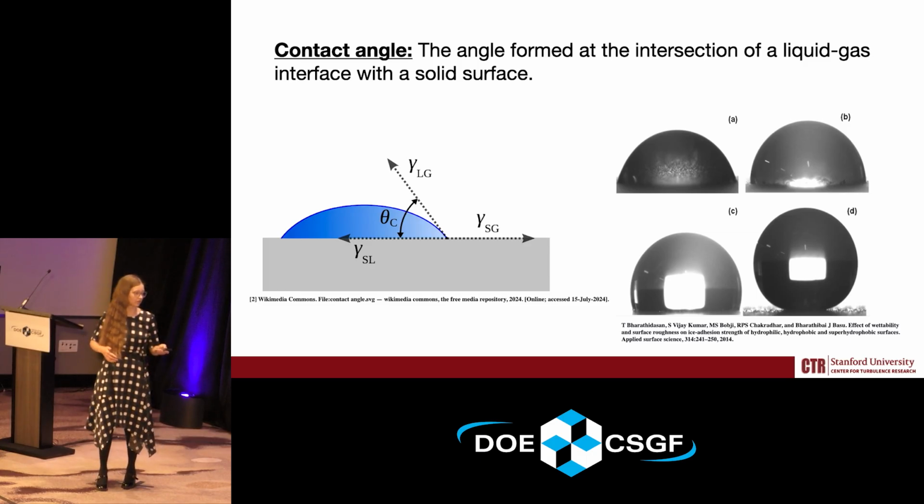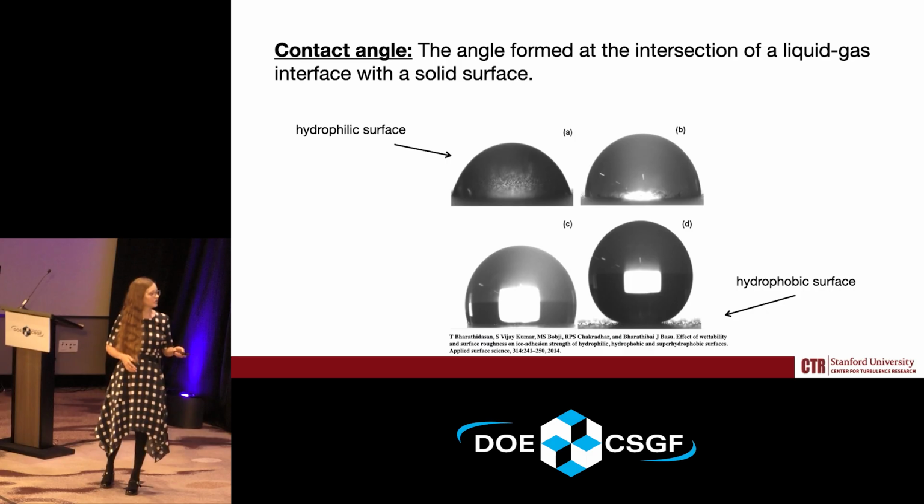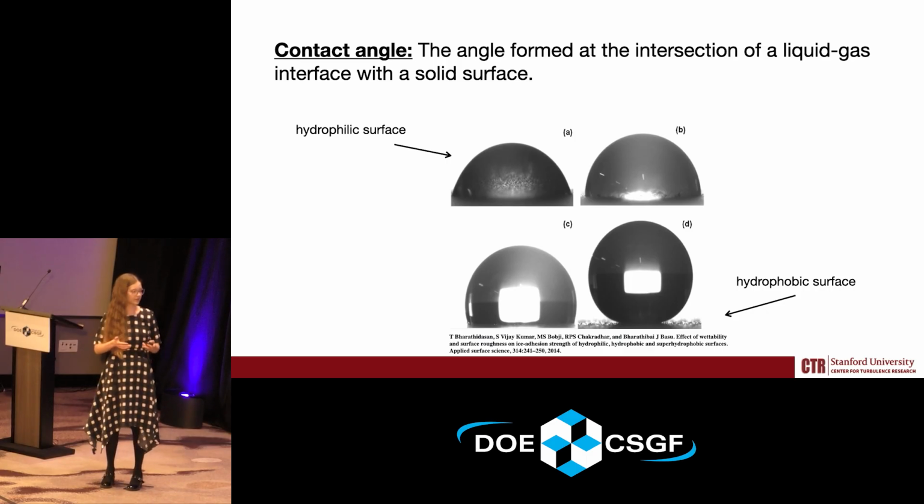Here on the right-hand side of the screen, you see 4 different experiments where you have different contact angles where the drop hits the wall. On the top left, that would be a very hydrophilic surface, and then on the bottom right, that's a very hydrophobic surface where the drop is almost popping off of the surface.